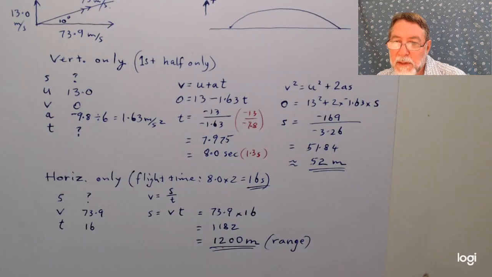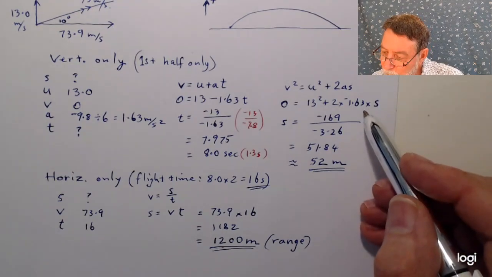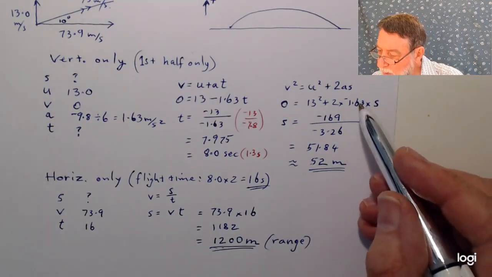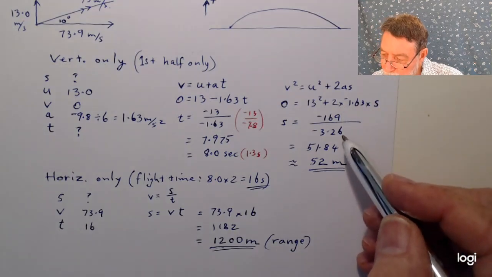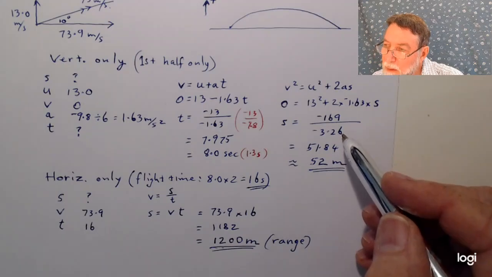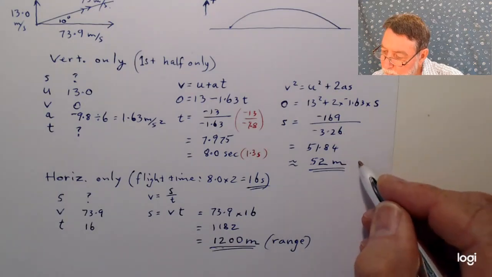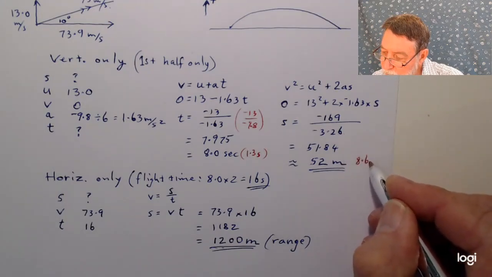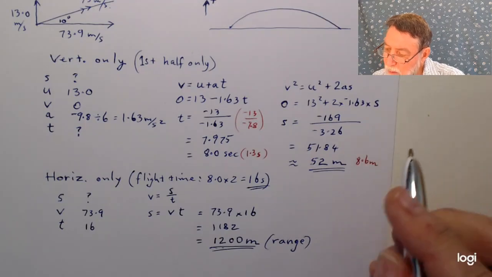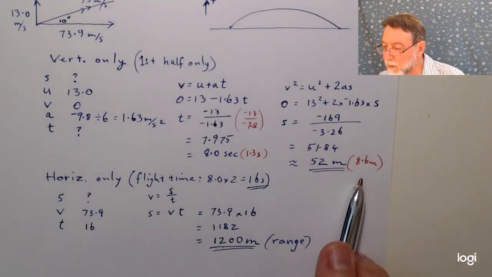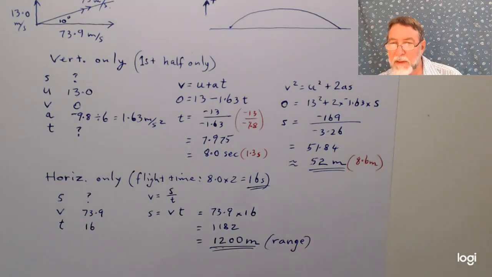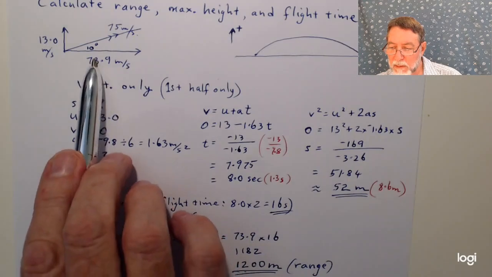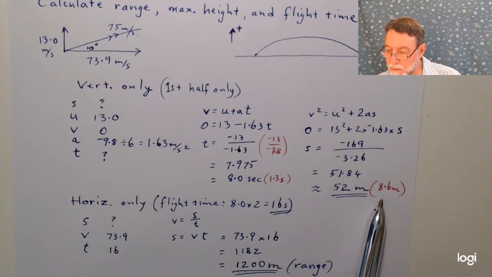And the same thing over here. Instead of being 2 times negative 1.63, it'd be twice negative 9.8. So you'd be dividing by a bigger number, and you get a smaller answer, 8.6 meters up in the air. So it goes far lesser height with that same initial velocity on the Earth.